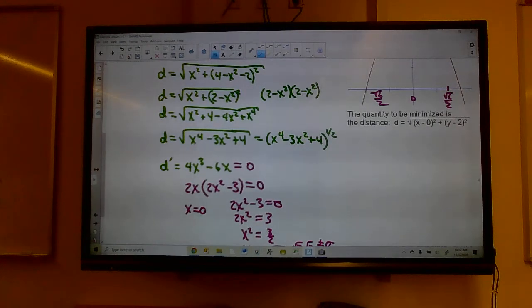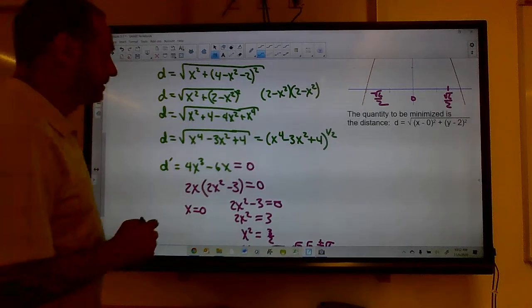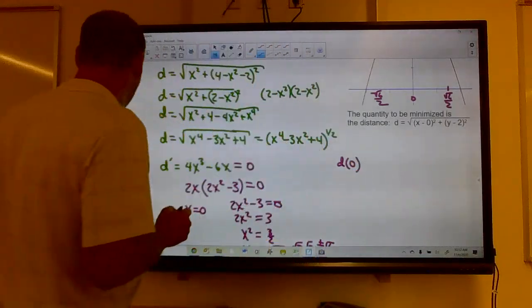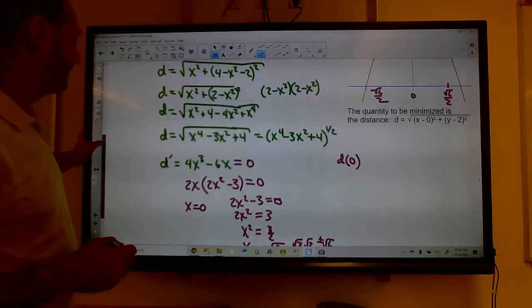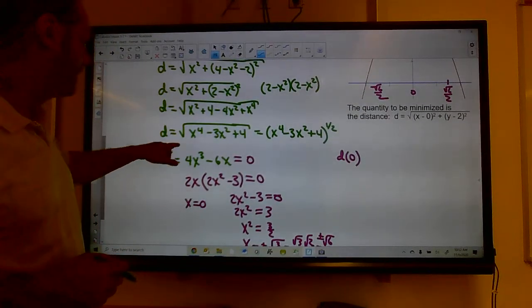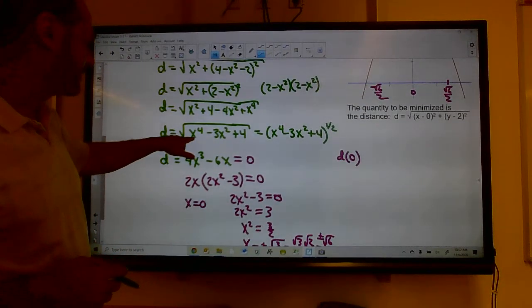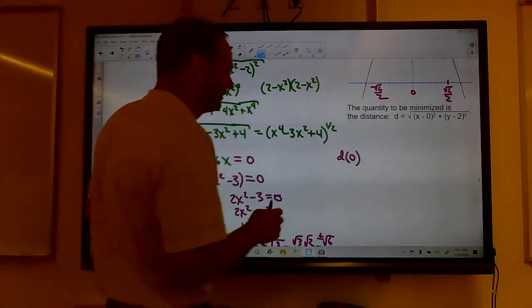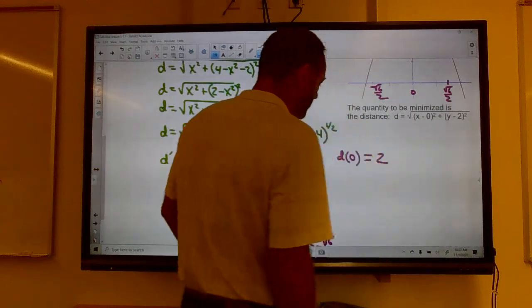Okay, so I'm just going to find d of 0. If I plug that in here, I get square root of 0 minus 0 plus 4. So that's going to be 2. Distance is 2.